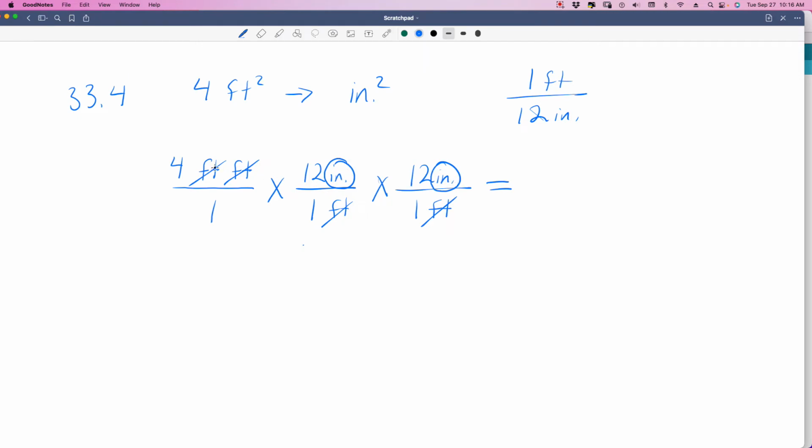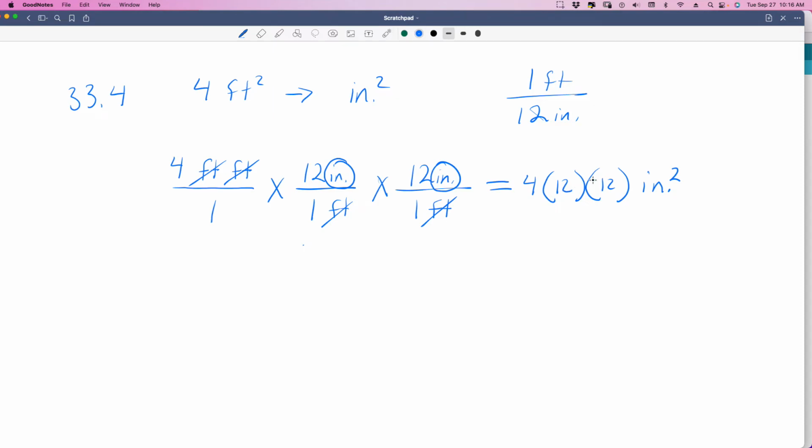All right, so this will be 4 times 12 times 12. So 4 times 12 times 12 is going to be inches squared, because this is area. It's the area of something. Now, if you can do this in your head, if you can say 4 times 12 is 48, that's fine.